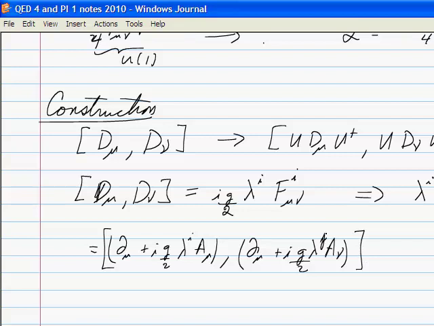And let me put a different index here, lambda j.